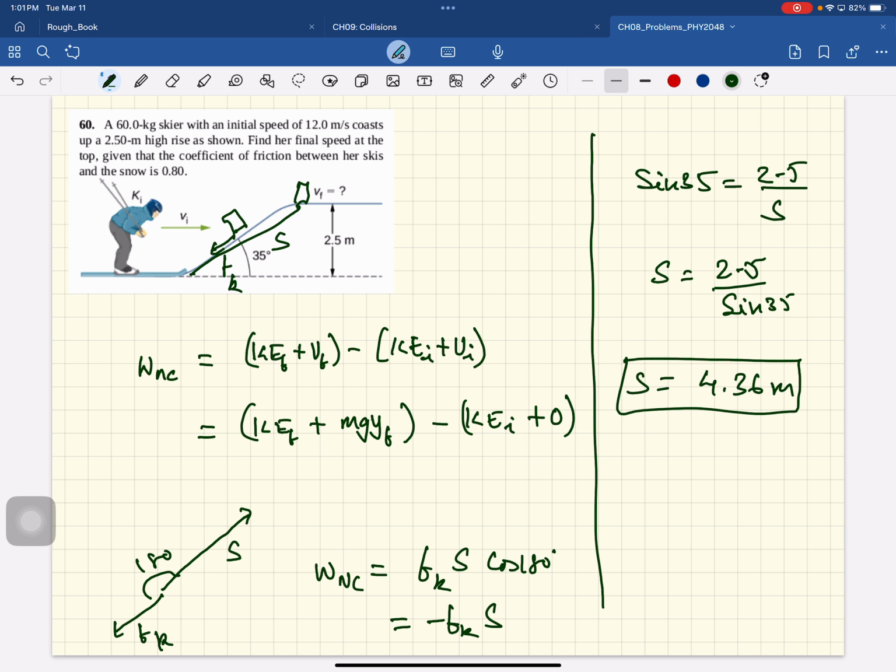So the length of the slope is 4.6 meters. So roughly from half the room to the ceiling. That's how long the slope is.